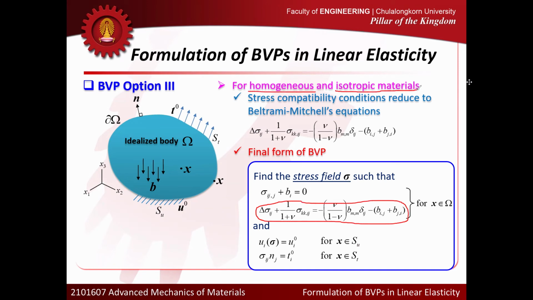If the material is not homogeneous or not isotropic, you can move to the formulation that I showed you last time, the one that is more general, because we can simply replace the compatibility condition, or the Beltrami-Mitchell equation here, with the more general one that we express in terms of stress with general elastic compliance.